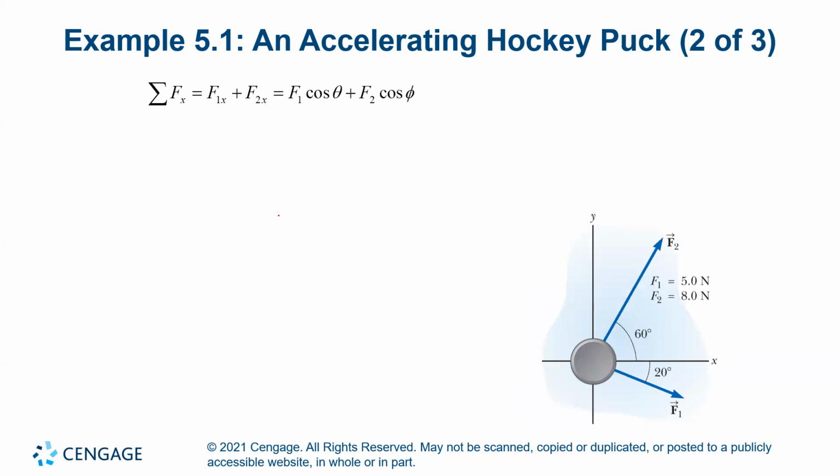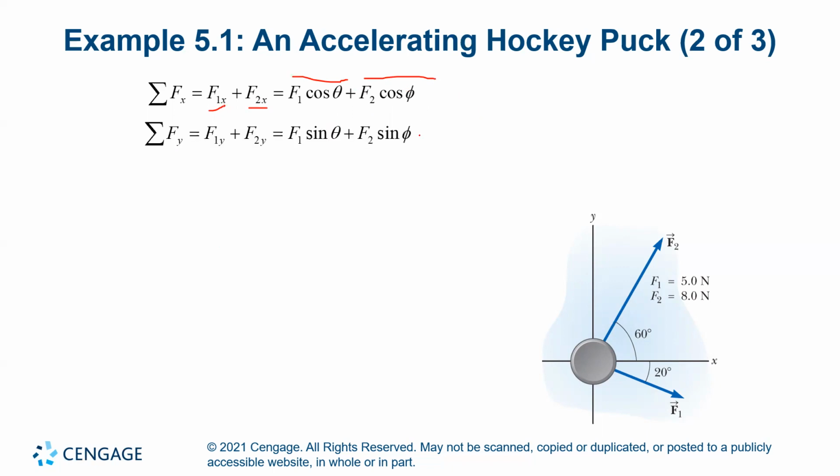So the net force along the x is equal to F1x, the x component of F1, plus F2x, the x component of F2. Here, we have F1 cosine theta and F2 cosine phi.